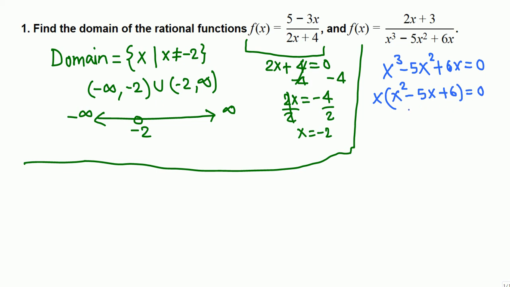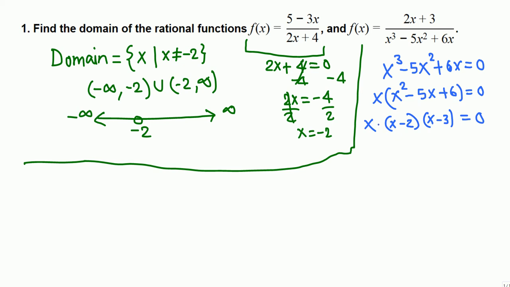Let's factor this because we are solving this equation for x, and this factors as a product of two binomials equals 0. So we want factors of 6: 2 times 3 is 6, and since the middle term is negative 5, it's minus 2 and minus 3. If you FOIL x minus 2 times x minus 3, you will get x squared minus 5x plus 6.